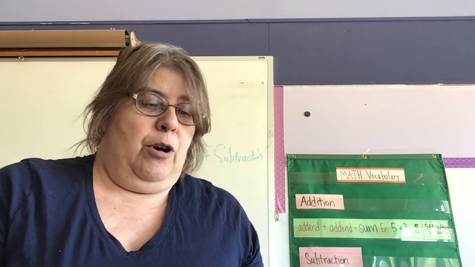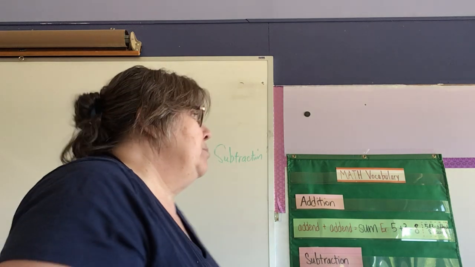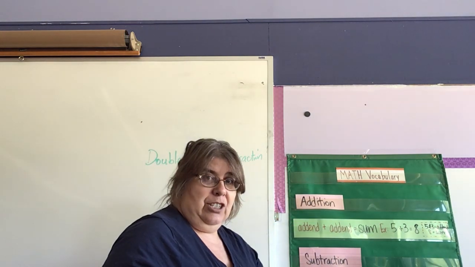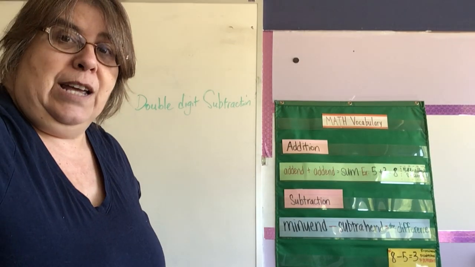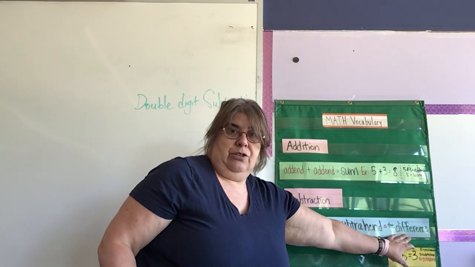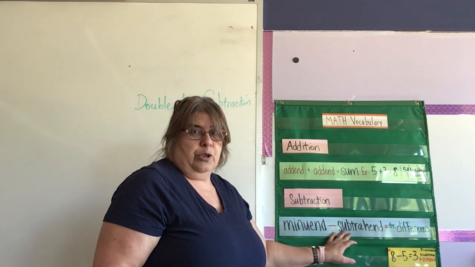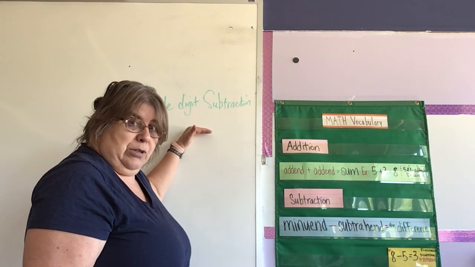Let's look at our math focus wall for our definition of subtraction. Our math vocabulary says minuend minus subtrahend equals the difference. These are big words we don't really use a lot. The minuend is the number that goes on top.